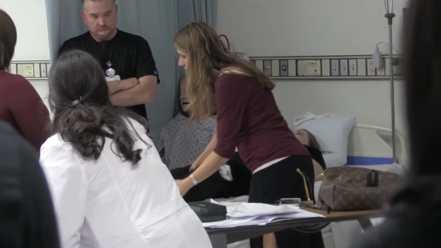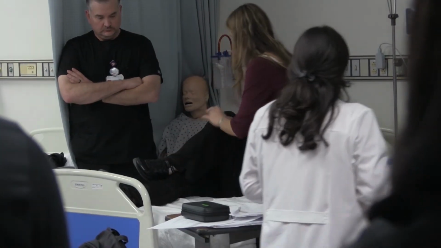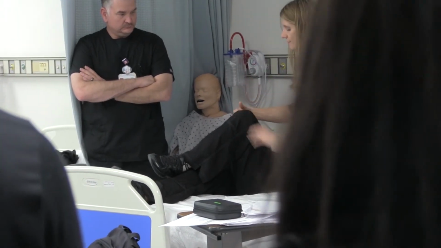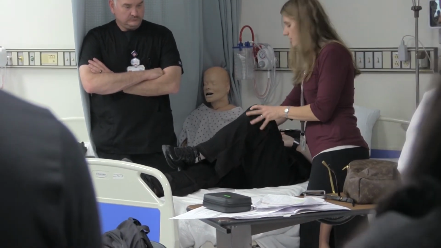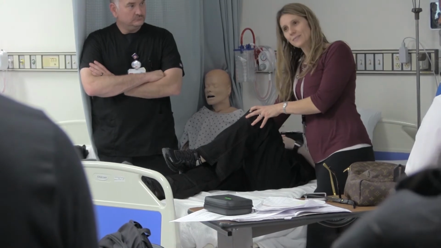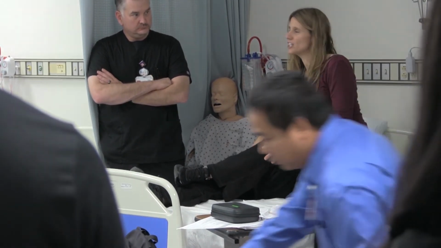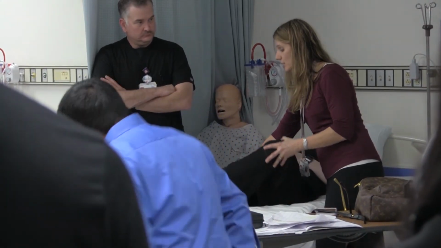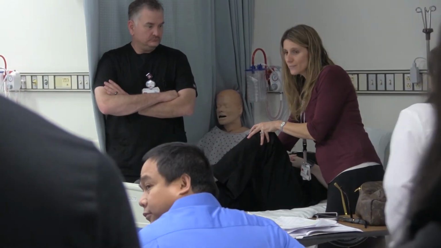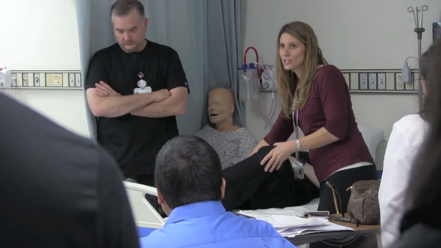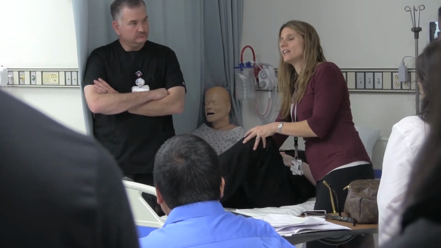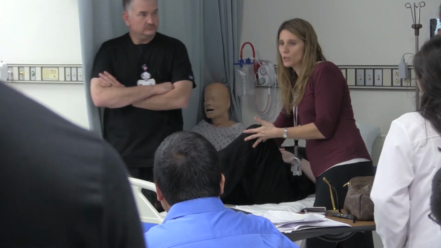So FABER is a position of flexion, abduction, and external rotation. Now, what's confusing is that technically I'm bringing her into extension, abduction, external rotation. She started in flexion, and I'm bringing her into extension. But whoever named it didn't call it XABER.